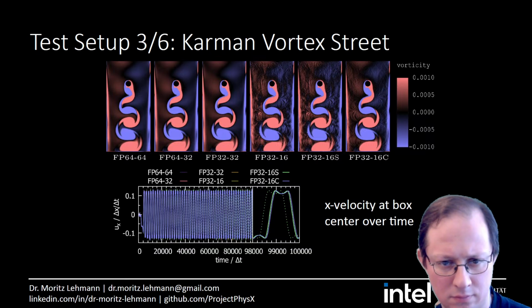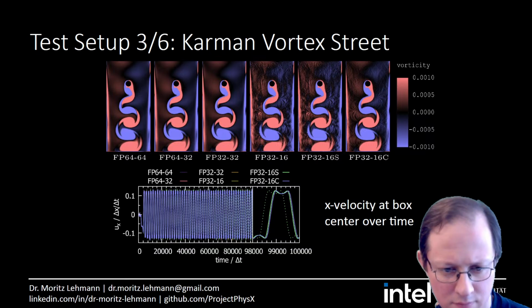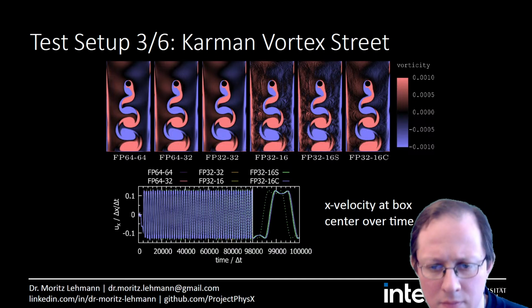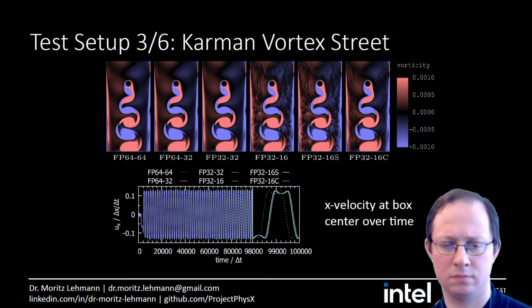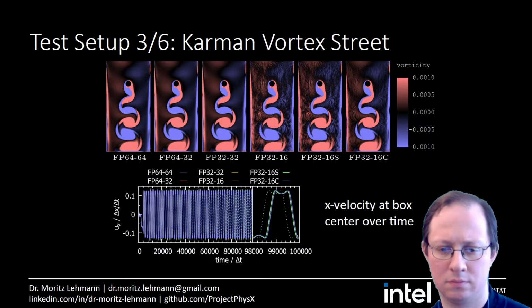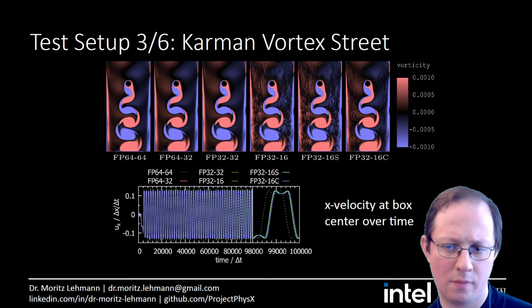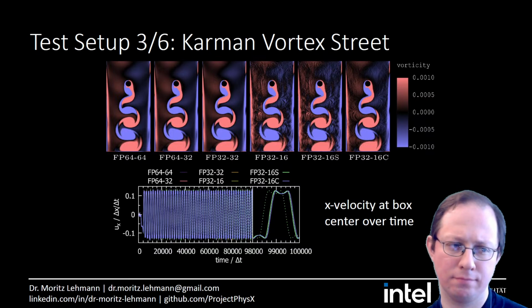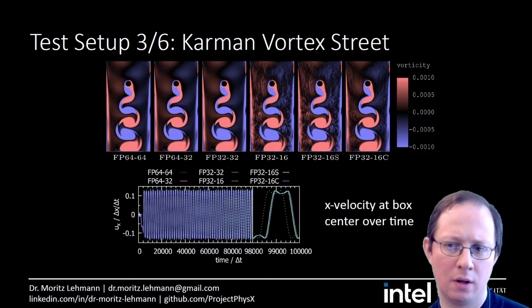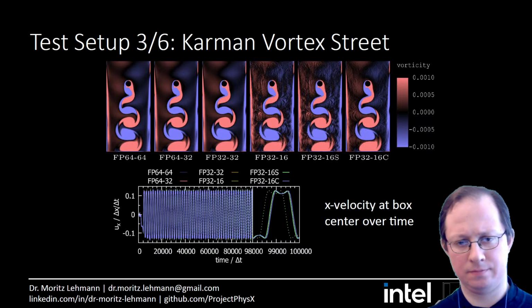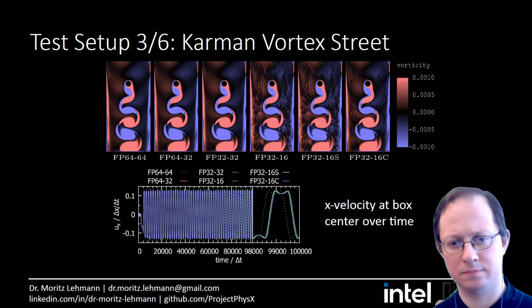And I simulated this for like 50 vortices up and down, and then for the 50th one, I've enlarged it and really spread it out. And after 50 vortices, all of the lines are pretty much still on top of each other. Only there's a little bit of discrepancy with the FP16S, a little bit of phase shift, but it's still super accurate. And it doesn't really make a difference in terms of results compared to the full FP64 precision.